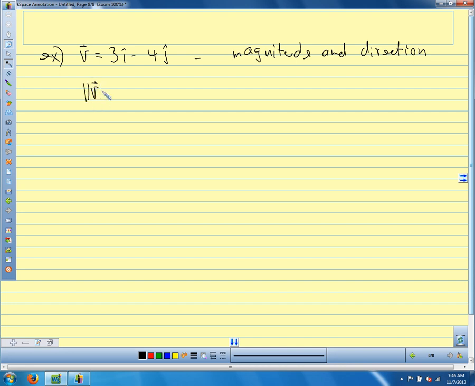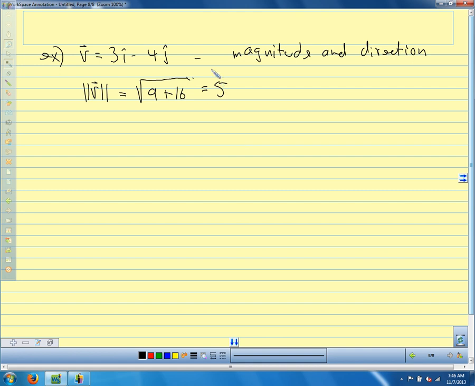So let's find our magnitude. The magnitude of v is just going to be the square root of 9 plus 16, which equals 5. So this would be our magnitude.